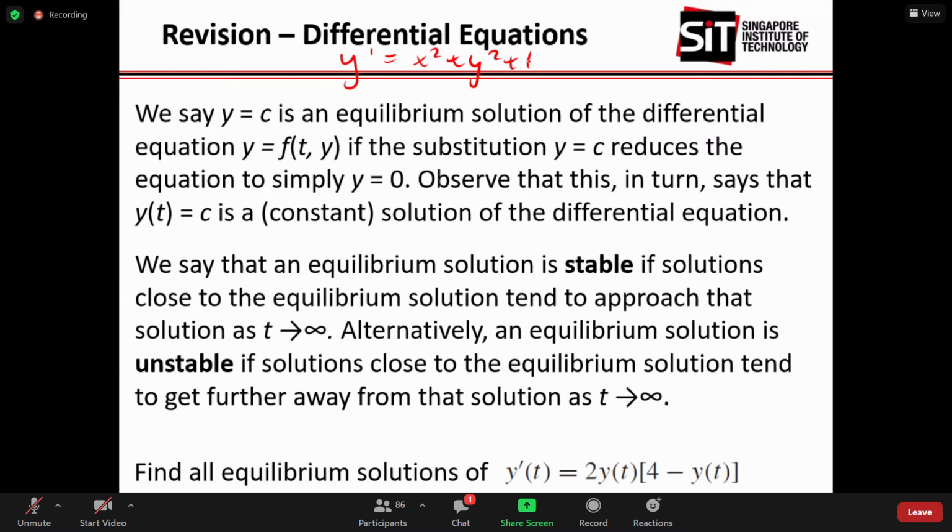This then allows us to determine the stability of a solution. So we can say that the solution is stable if the function tends to that value as t or x tends to infinity. On the other hand, an equilibrium solution is going to be unstable if the function close to that equilibrium solution tends to get further away.